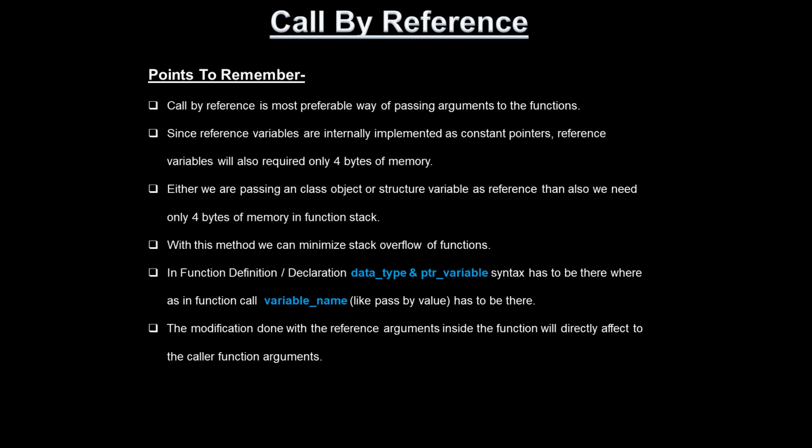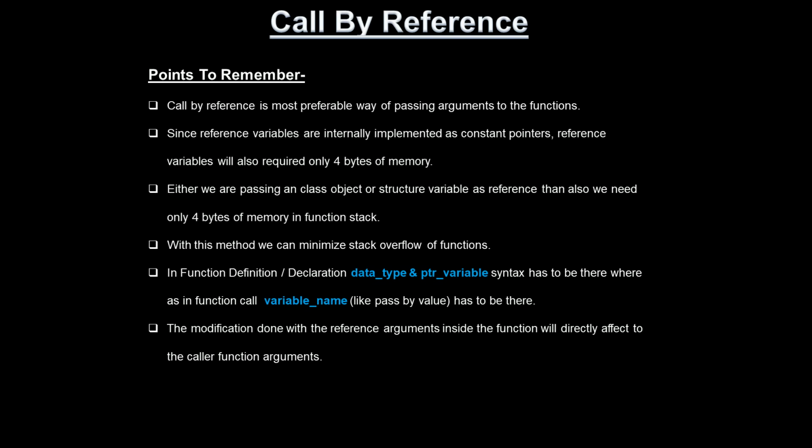Now, a few points you have to remember. One is call by reference is the most preferable way of passing arguments to functions. Going forward, C++ still has pointers. But in upcoming projects with object oriented programming, say for example Java or C sharp, there is no concept of pointers.